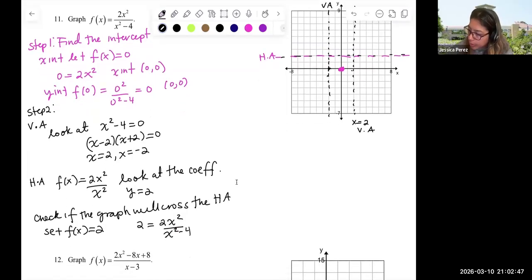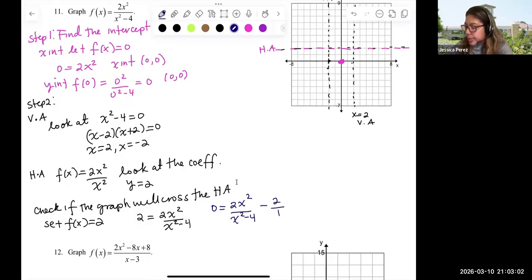Now we would have to bring the 2 over and say, okay, that's 0 equals 2x squared over x squared minus 4 minus 2 over 1. And then see if we have an intersection. If we combine like terms, I have a common denominator of x squared minus 4.